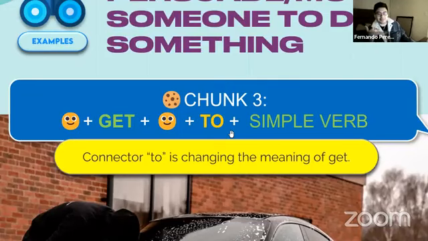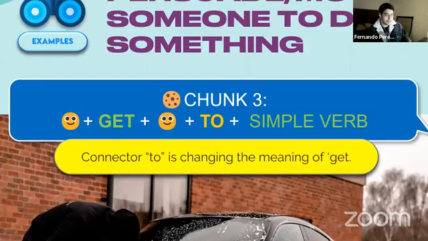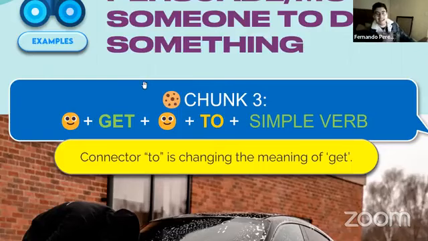In the previous formulas, there was no connector to, and it was similar to delegate. Do something, another person does it for you. In this case, with the connector to, it's changing the meaning of get. The connector to is very important because it's giving me a different application for the verb get.